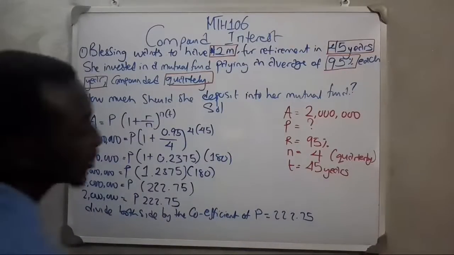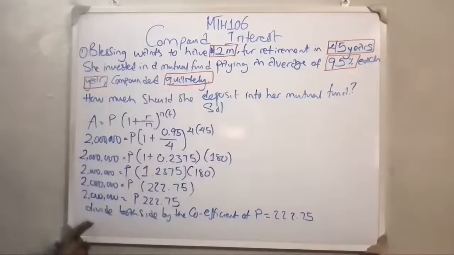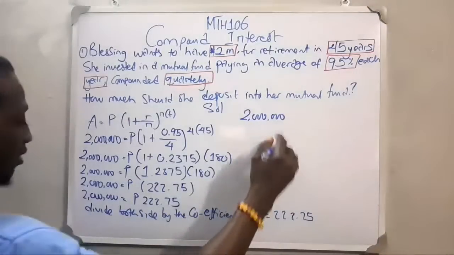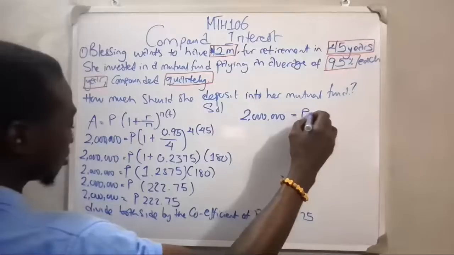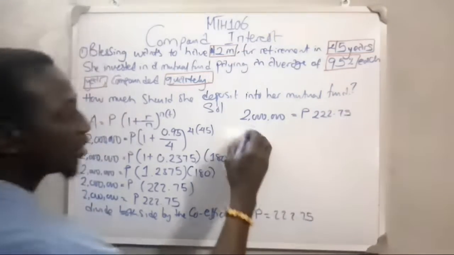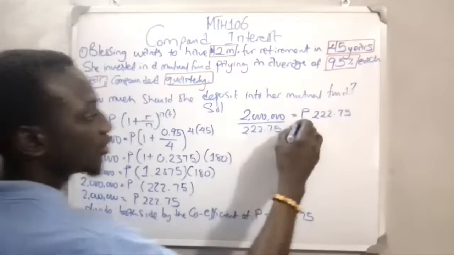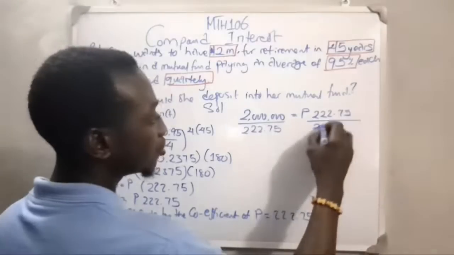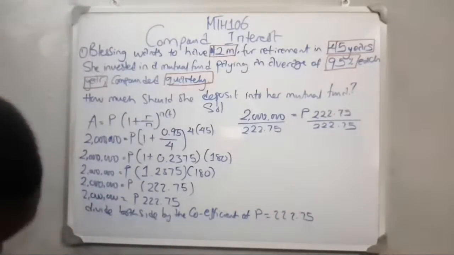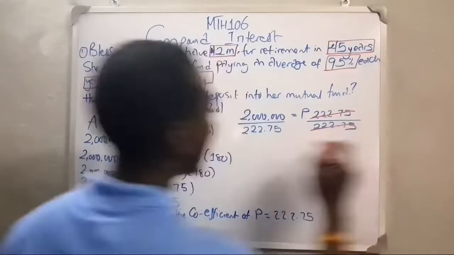Let me raise the sign. From here we'll say 2 million equals P times 222.75. We divide both sides by 222.75, so from here it's easy, this cancels this.